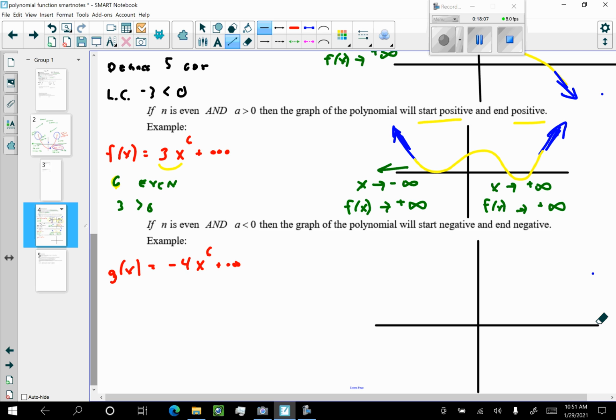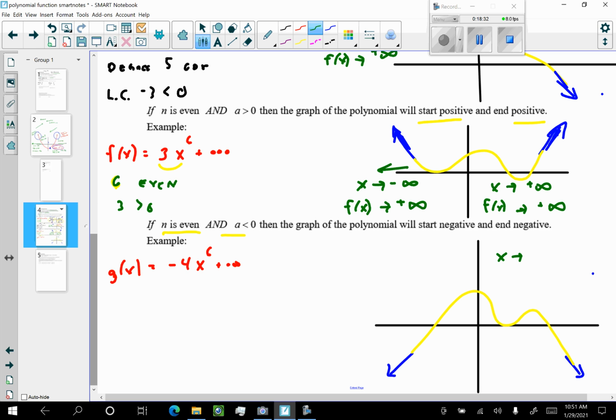What does start negative mean? Here's what it means. The graph is going to start negative and end negative. How can that happen? Well, it happens if n is even and if a is less than 0. So we're going to do something on the inside, it doesn't matter. And I'm going to make my two statements.